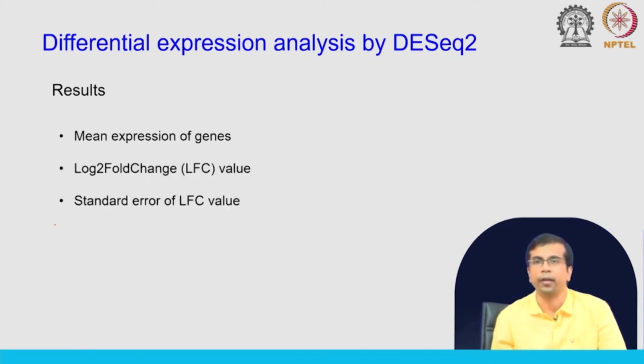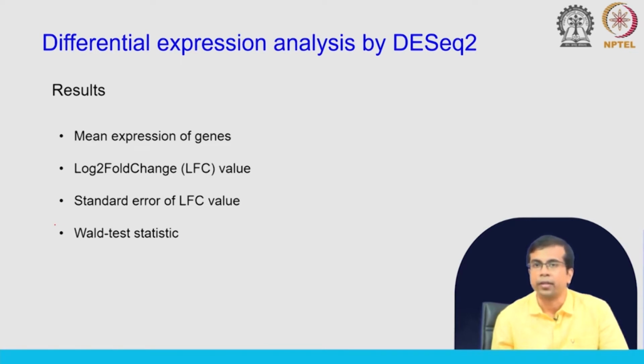We will get something called log2 fold change, which looks at the differential expression: how much is the difference in expression of a gene between two sets of samples, whether it is disease versus healthy or condition 1 versus condition 2. It will also give us the standard error of the LFC value, which is how much error there is in the estimation.